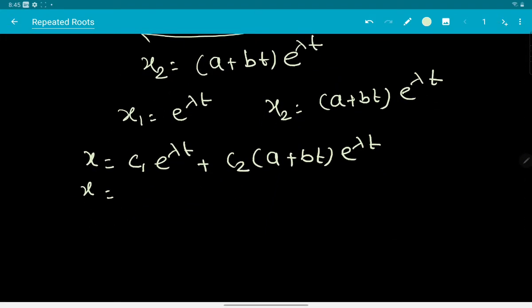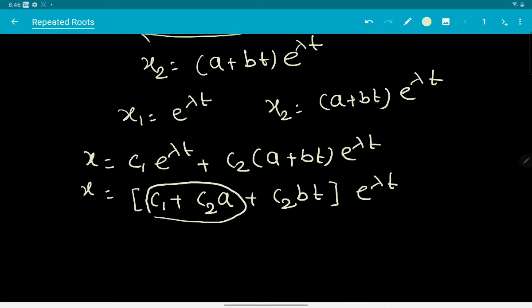I can write down x in such a way: c1 plus c2a plus c2bt times e raised to lambda t. Okay, c1 is constant, c2 is constant, a is constant.